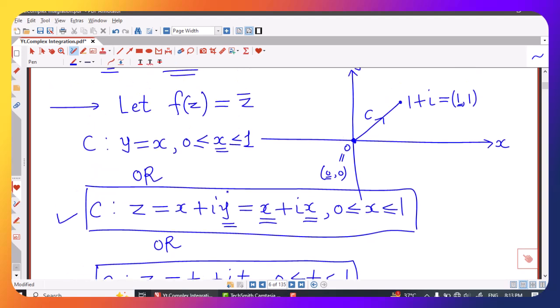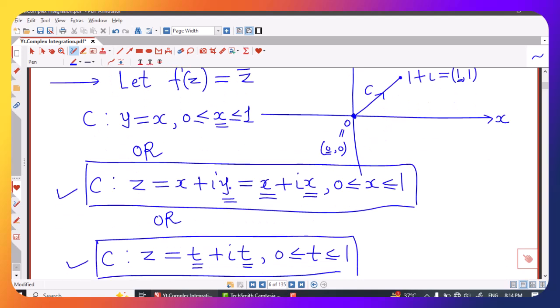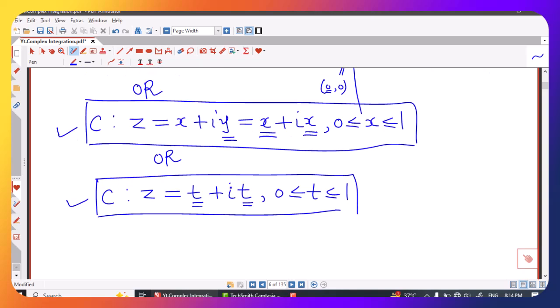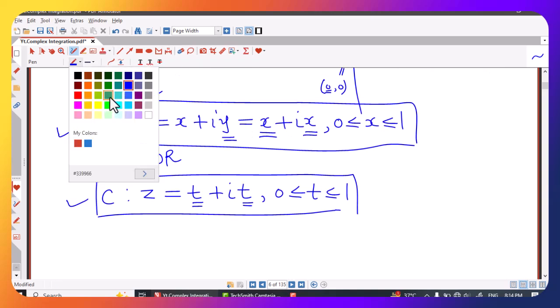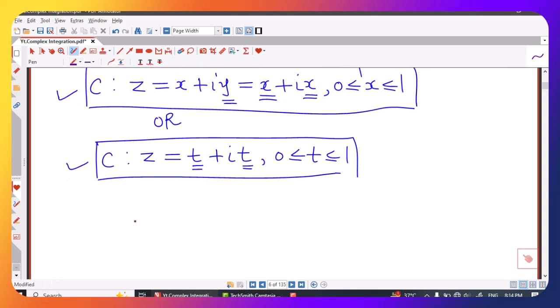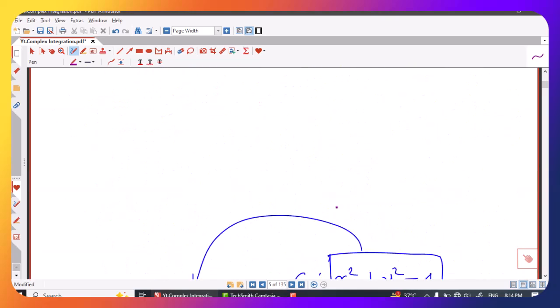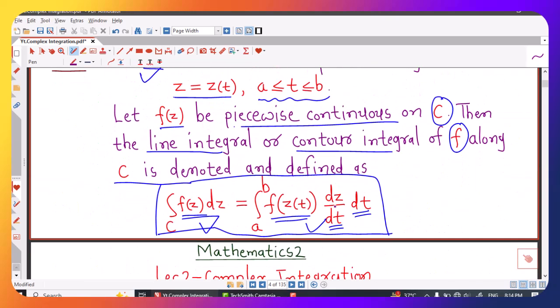Now, once we write the given curve in terms of only one parameter, we use the definition of the curve. Here I have z equal to x plus i times x, and if I take x common, I will have 1 plus i times x. As you have seen in the definition, we express our function in terms of the parameter. Here our parameter is x, so we will write f of z in terms of the variable x.